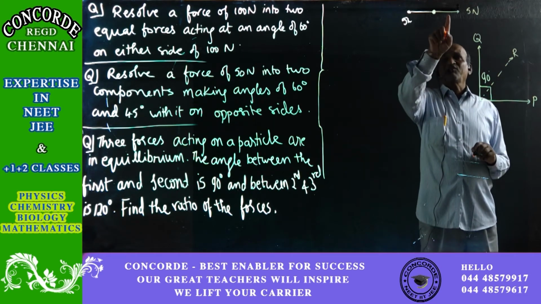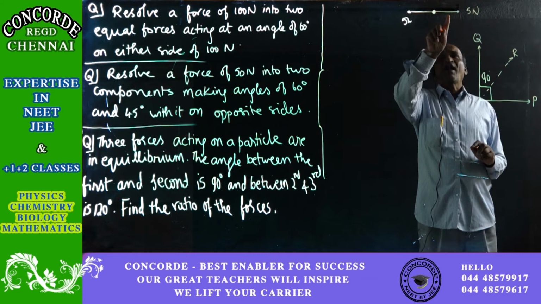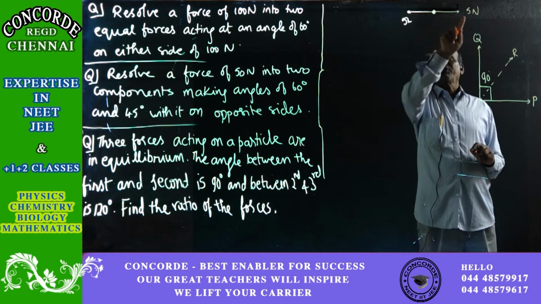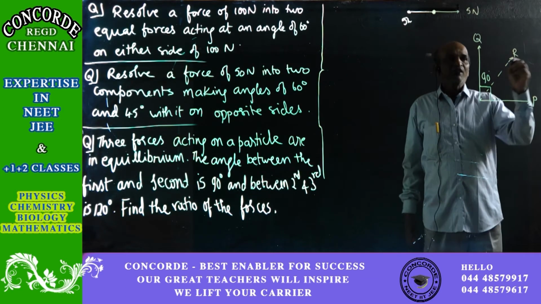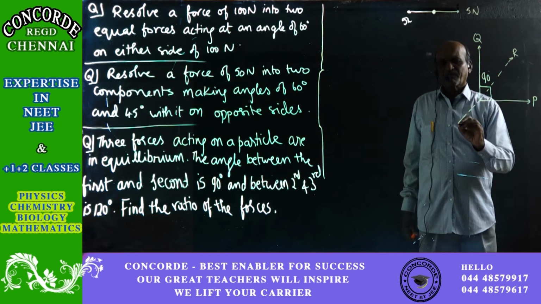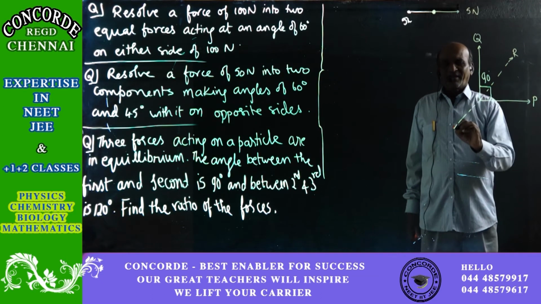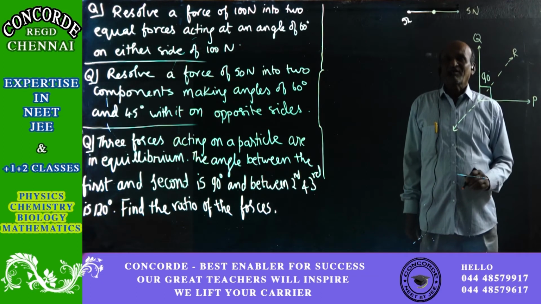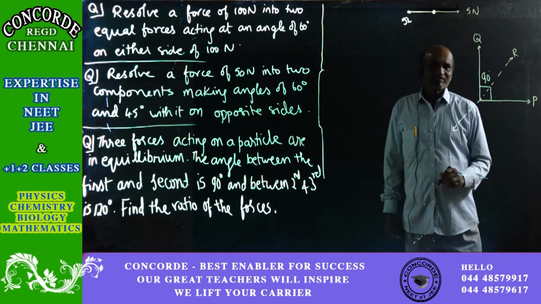And for a single force to produce equilibrium, the other force should be equal to it and also in opposite direction. So for this, the other force should be equal to it. And also in the exactly opposite direction. Now equilibrium will be maintained. Okay.